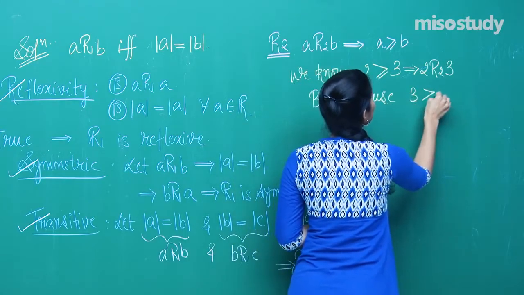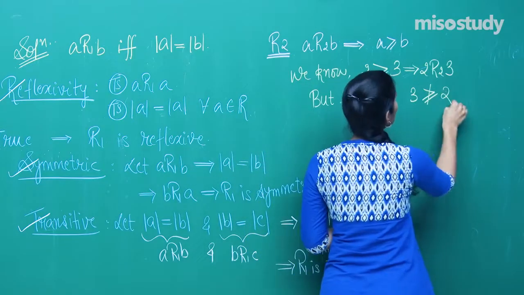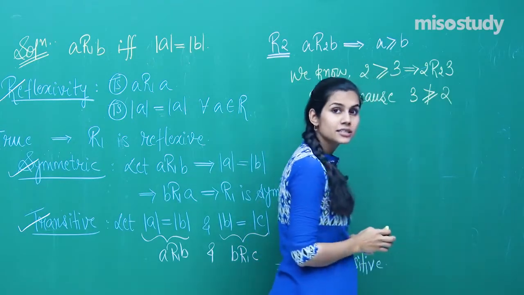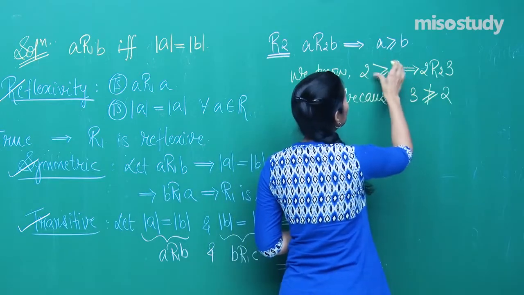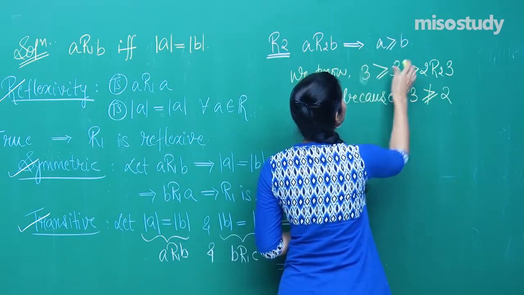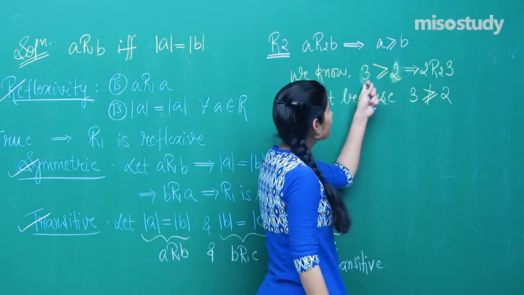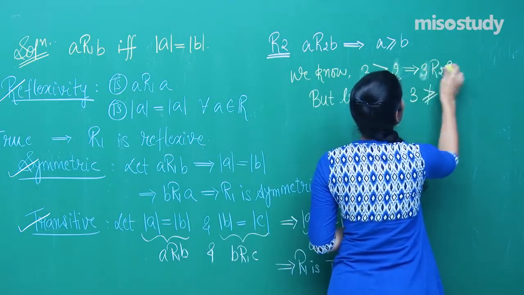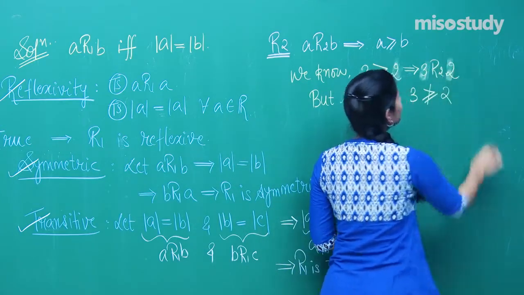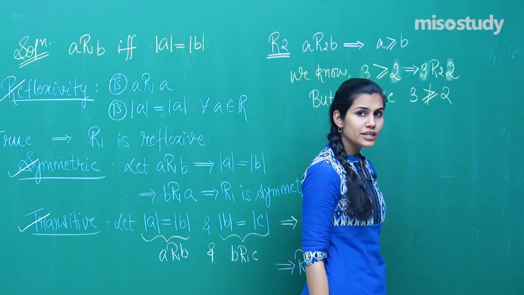Can I say that? Well, of course not. Here I have written 2 is greater than or equal to 3, which is wrong. Actually, it is 3 is greater than or equal to 2. If 3 is greater than or equal to 2, I can say that 3 is related to 2 under the relation R2.